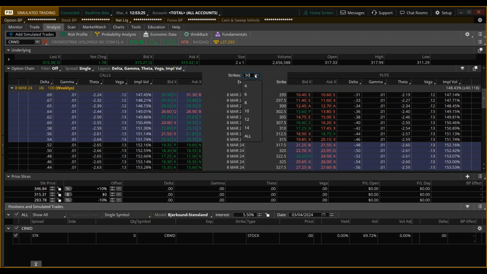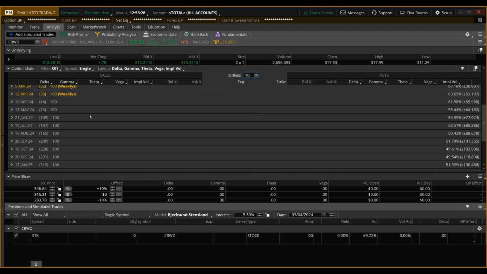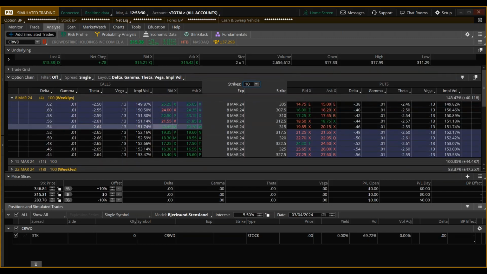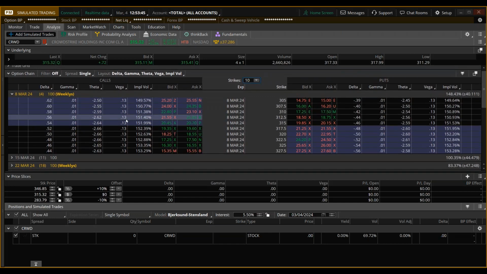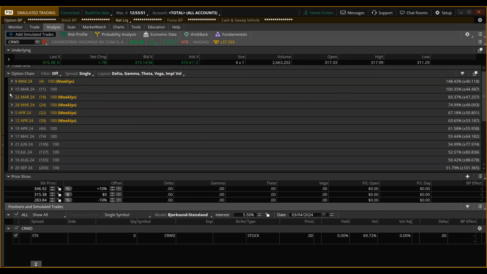Let me change this to just 10 contracts so that it's easier to scroll. So the very short dated options with only 4 days left to expire, the at the money highest Vega is around 13. It looks like they're all 13, but that's because I scrunched it down to only showing 10 options, and these are very short dated options, so they're going to be very close.